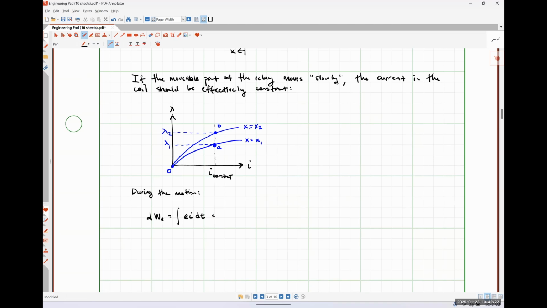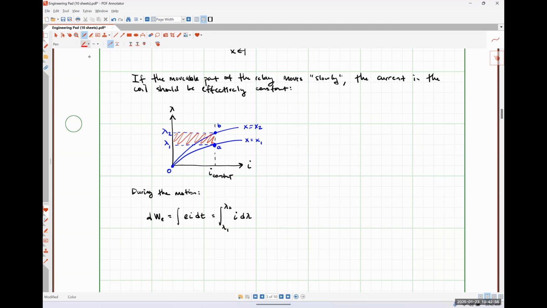This could be expressed as the integral from flux linkage 1 to flux linkage 2 of i d flux linkage, and this is essentially this area right here.